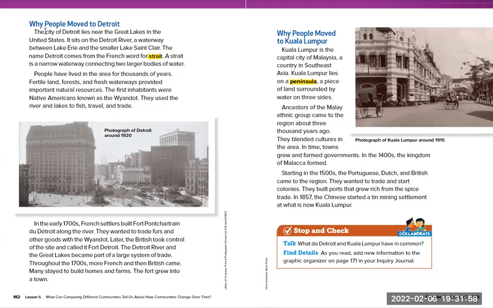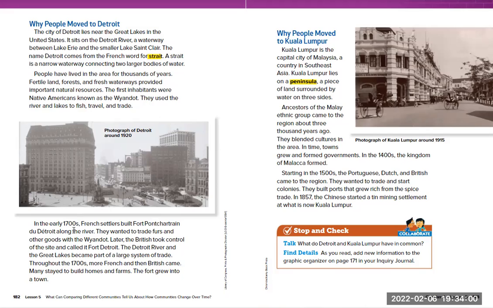The first inhabitants were Native Americans, known as the Wyandot. They used the river and lakes to fish, trade, and travel. And here's a picture of Detroit around 1920. In the early 1700s, French settlers built Fort Pontchartrain du Detroit along the river.